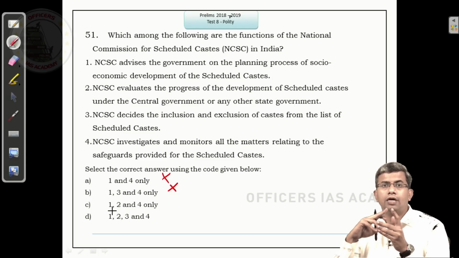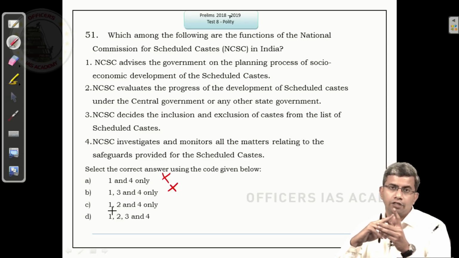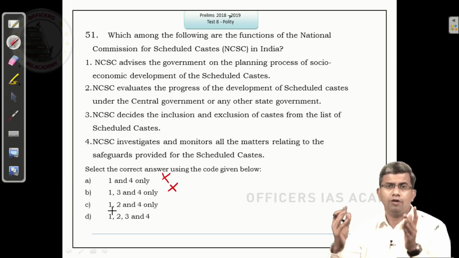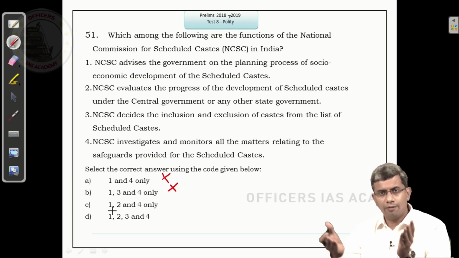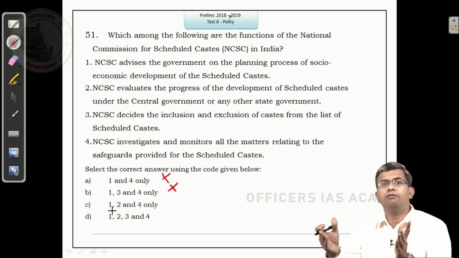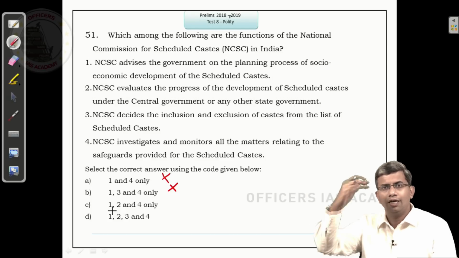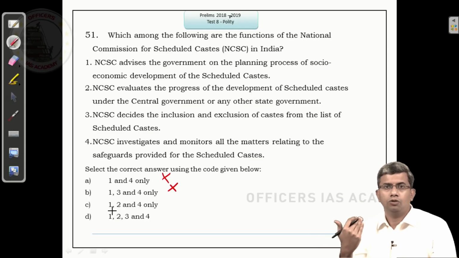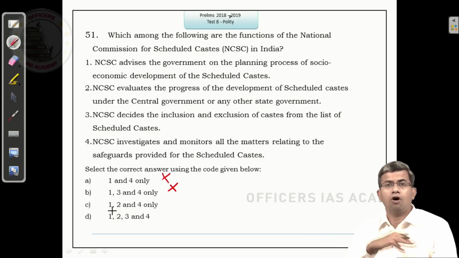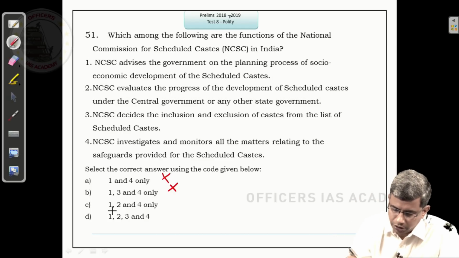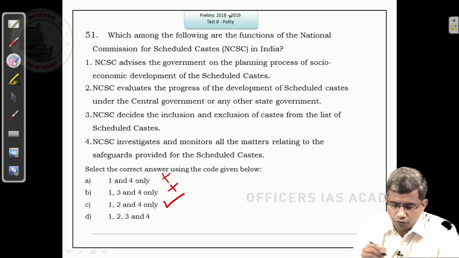And now with the 102nd constitutional amendment, which has given constitutional status to the National Commission for Backward Classes, it has not happened immediately, but it will happen very soon, that Parliament will decide on the list of OBCs for the respective states, and once that list is finalized through a presidential order, any addition or deletion can happen only by Parliament, right. So, the correct answer for this is C, 1, 2 and 4 only.